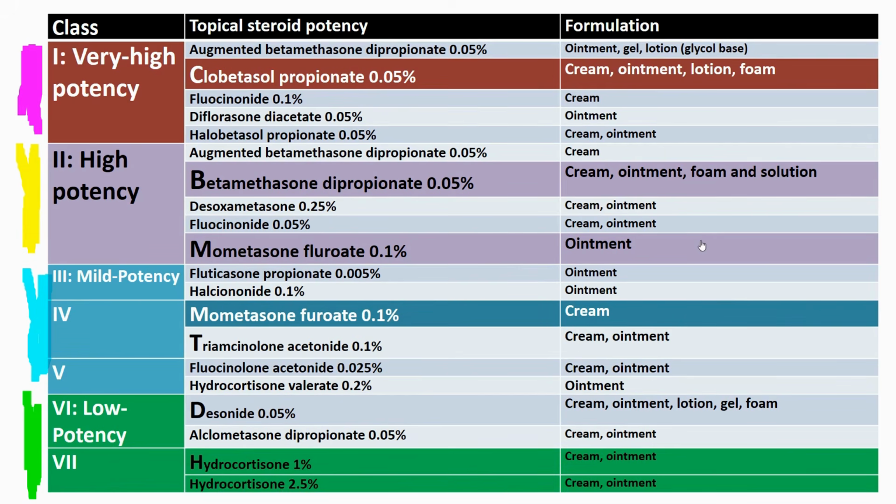Clobetasol is considered a very high potency steroid because it is known to cause severe side effects if applied on thin skin. Therefore, these steroids are generally applied on the thick skin areas of the body, whereas the low potency steroids such as hydrocortisone, desonide are often used on the facial areas of the skin.